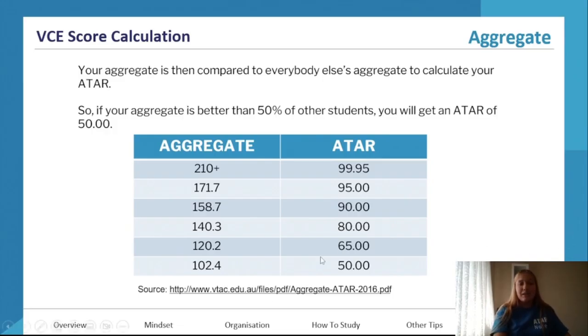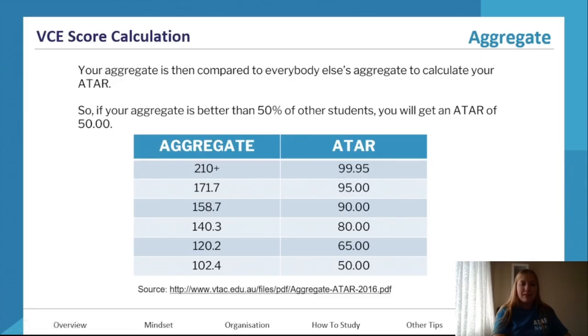And then you need a very high aggregate, so about 210 plus to get an ATAR of 99.95, and significantly lower than that for an ATAR of 95, an aggregate of 171.7. So guys, there is a difference of pretty much 40 aggregate points between an ATAR of 95 and an ATAR of 99.5.